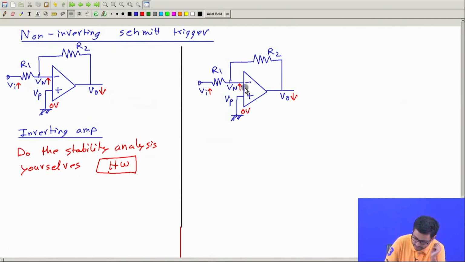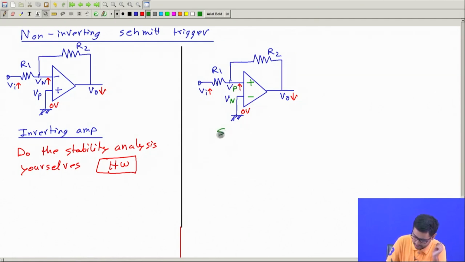Okay, so now let us start with this inverting amplifier, and let's switch these plus minus signs. I will make this plus with a different color to highlight it, and this minus. Now I should also call this Vn and this Vp, right?